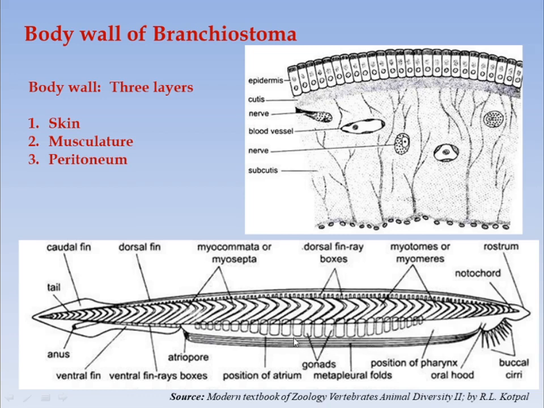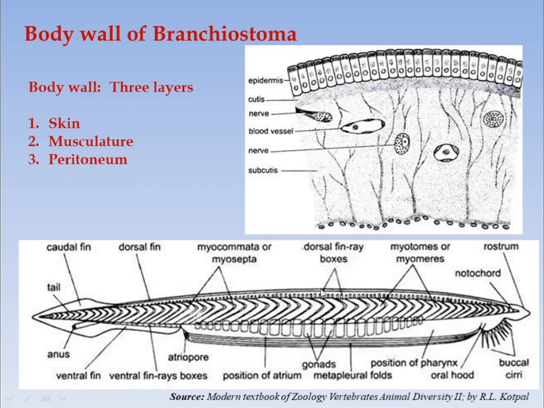Now the function of these transverse muscles is that they help in contraction so that water is driven out from the atrial cavity. This is the atrial cavity, the whole cavity. From the atrial cavity, the water is driven out to the atrial pore.